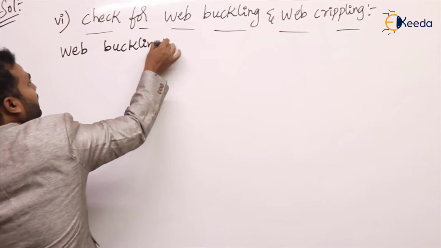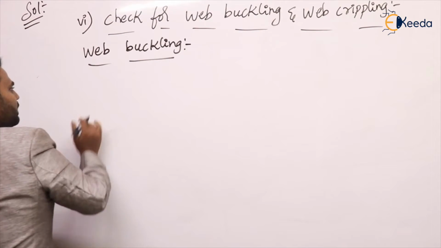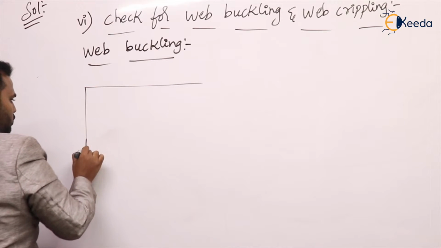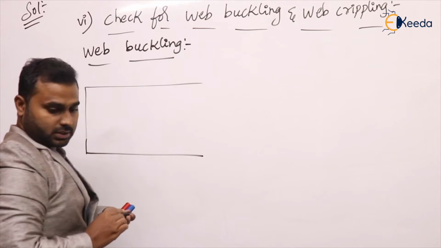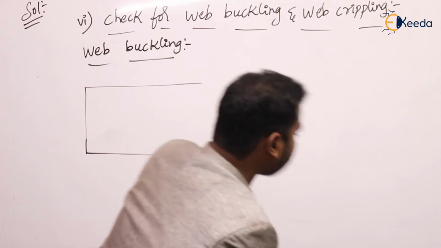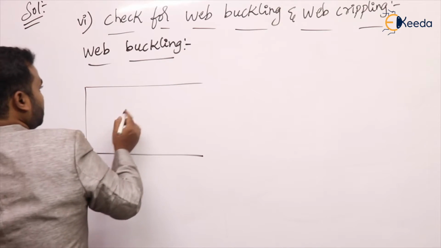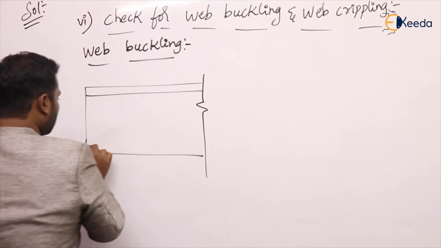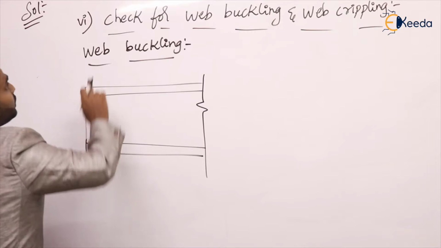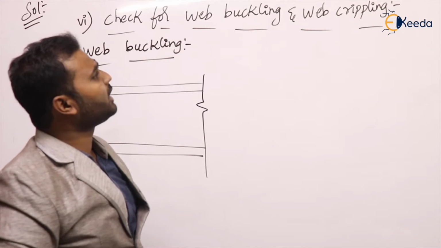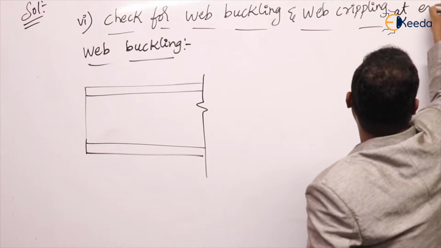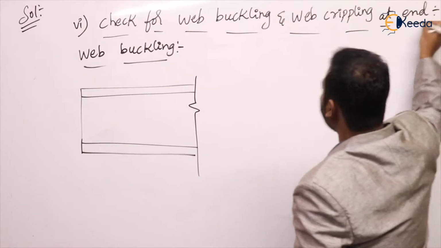Coming to web buckling and web crippling, we have already discussed them, but with a diagram. First let me show. This is an I section longitudinal view, and we are going to check web buckling and web crippling for this question at the supports, means at the end.